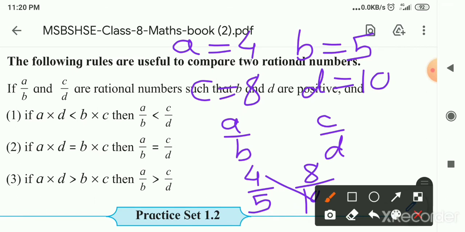If you multiply the first numerator and the second denominator, you will get 40.